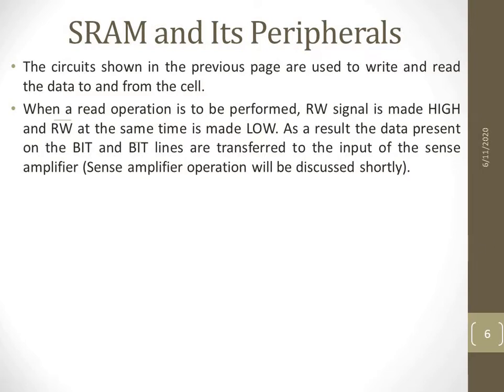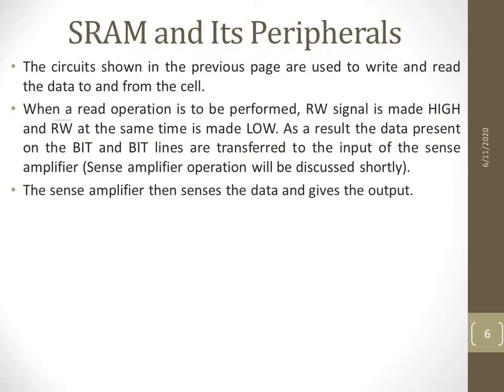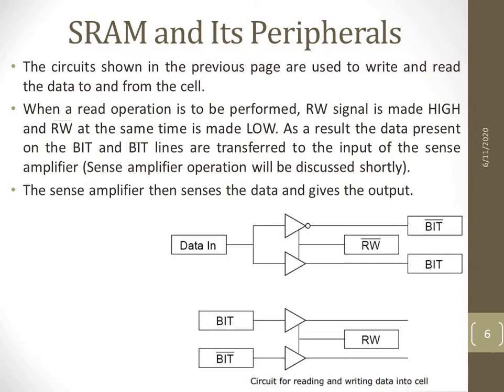As a result, the data present on the bit and bit bar lines are transferred to the input of the sense amplifier. What is a sense amplifier? I will be discussing it with you shortly. The sense amplifier then senses the data and gives the output. So this is the circuit for reading and writing data into the cell.